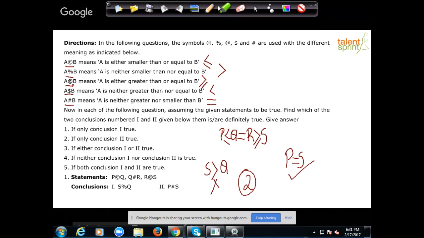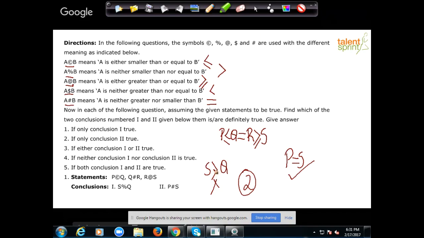Now, Ganesh, let us start by analyzing our statements. Our statement here says P copyright Q, which means that P is less than or equal to Q. Then they tell us Q hashtag R means that Q is equal to R, then R at the rate S, which means that R is greater than or equal to S. Look at the first conclusion.